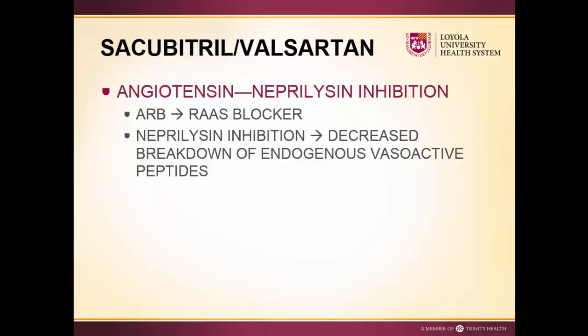The sacubitril valsartan combo pill is actually not two different meds put together, but one med that has valsartan on one end of the molecule and a neprilysin inhibitor on the other end. And so this medicine does all the same things that your angiotensin receptor blocker does, with the addition that it also inhibits a tiny little enzyme in the body called neprilysin.